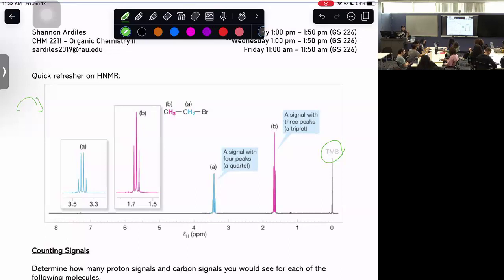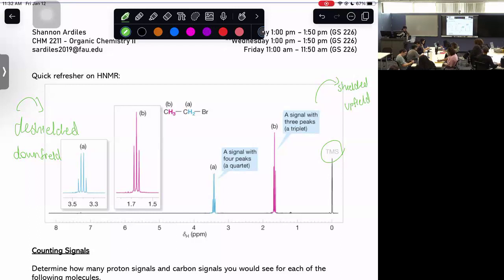The left side. Beautiful. How else could we say de-shielded? Non-shielded. So that means that the right side of the spectrum is shielded or unshielded.